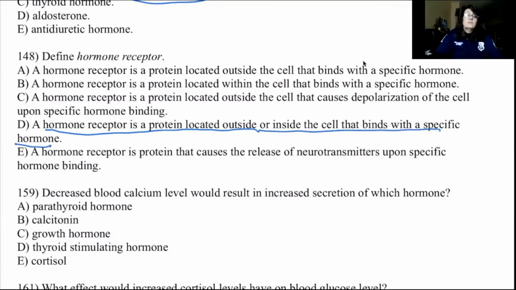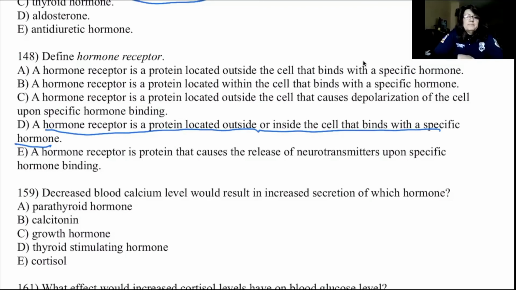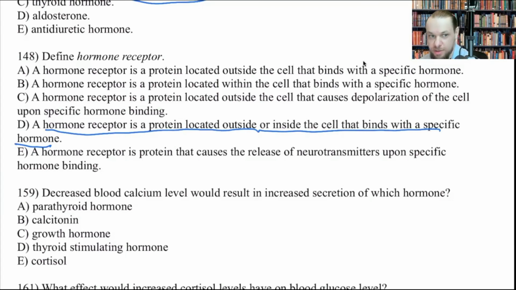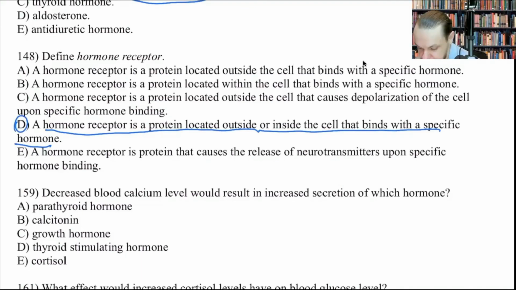Oh, it can be inside. Yeah. Because you may have hormones like steroid hormones that bypass the lipid membrane. There's no receptor on the lipid membrane. They go inside the cell, right? That's true. I forgot about that. So always try to find a choice that is all inclusive. So 148 will be D.